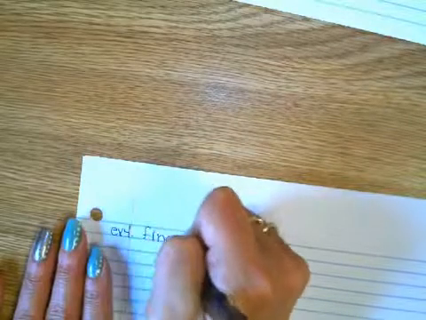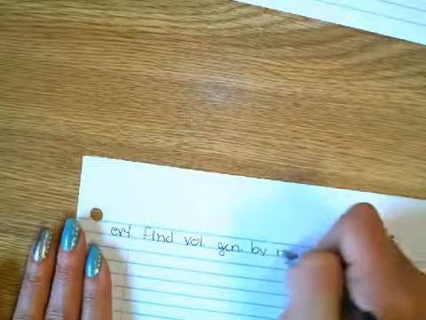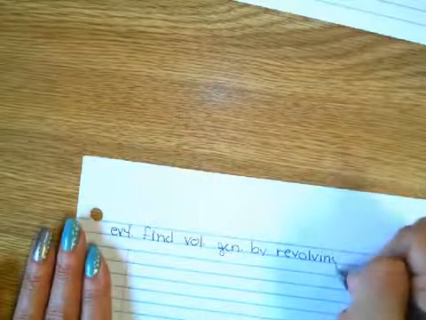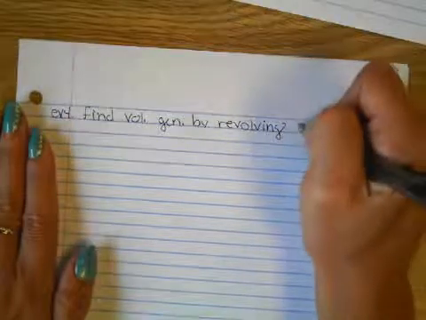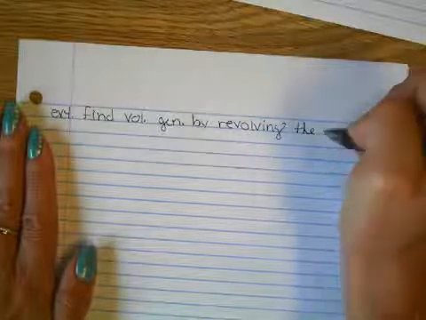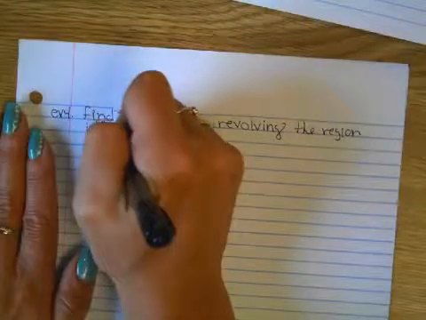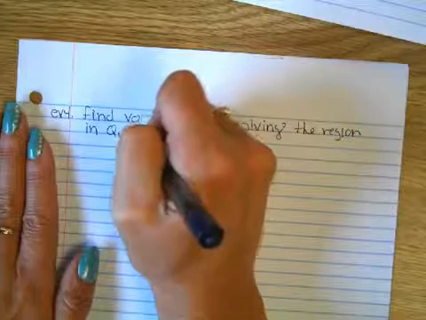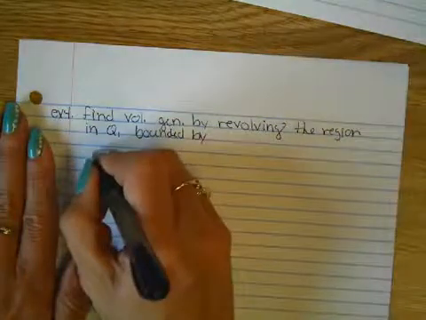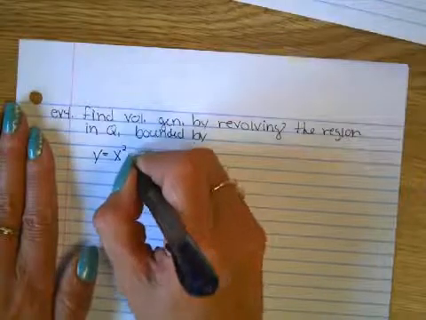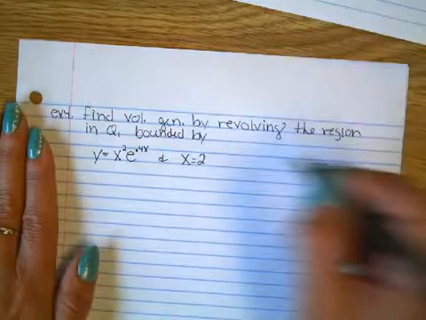Can you find the volume generated by revolving the region in quadrant 1 bounded by y equals x squared e to the 0.4x and x equals 2 around the x-axis.